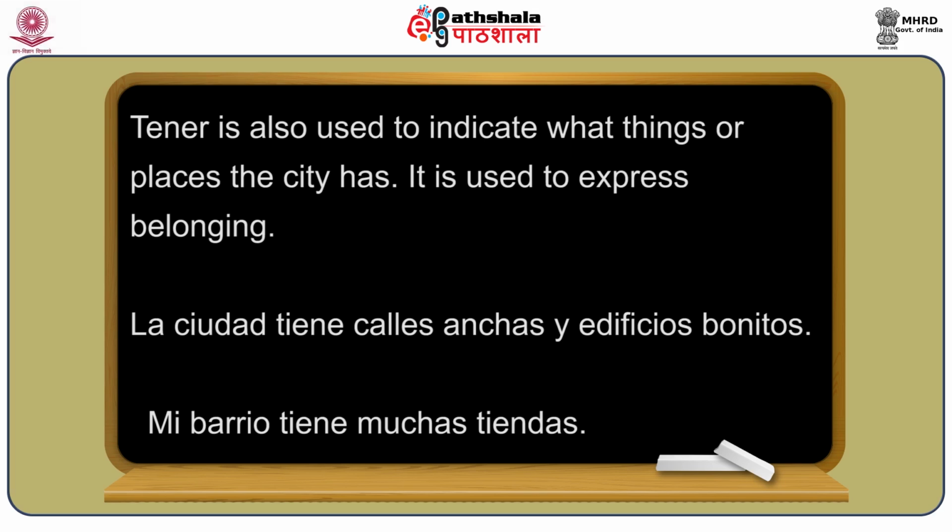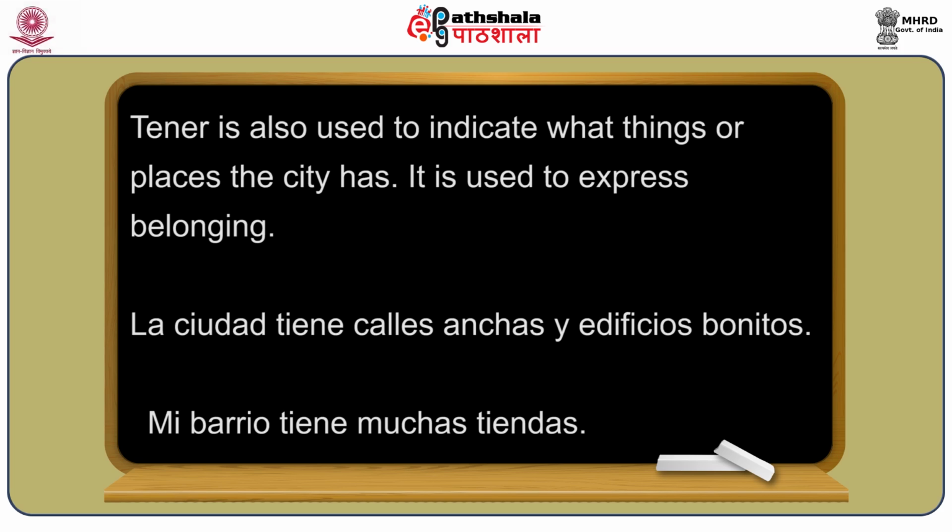Now the third verb is the verb tener. Now tener is also used to indicate what things or places the city has, and it is used to express belonging. Now let's see the examples of the verb tener.